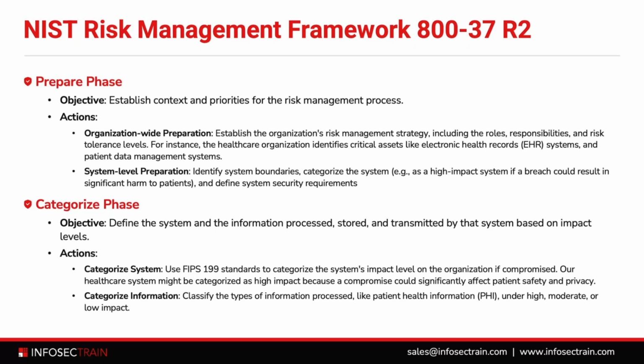For these three basic categories, we have different ways of categorizing. So you can see FIPS 199, FIPS 200, CNSSI 1253, and all these are used in the categorization phase, and we'll touch on them in a bit in the upcoming slides.